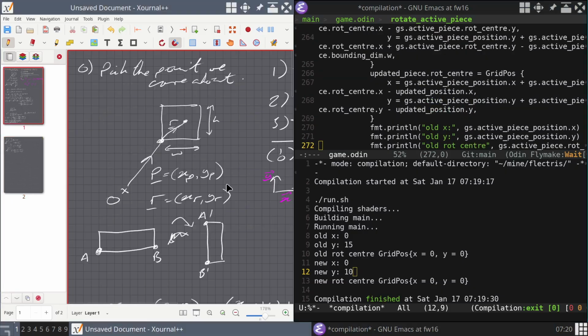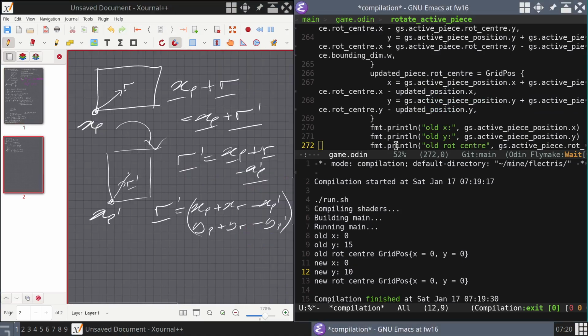I guess the first thing to say is typo checks. Game state active piece position dot y plus game state active piece dot rot center dot y minus updated position dot y looks correct. That looks correct.